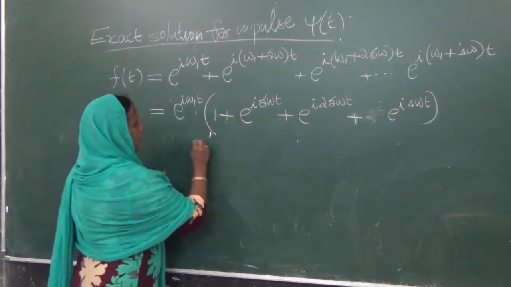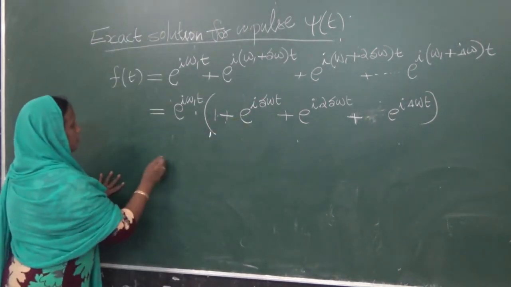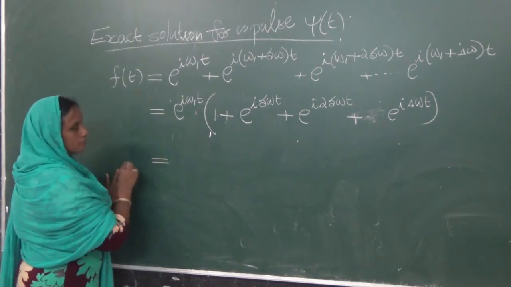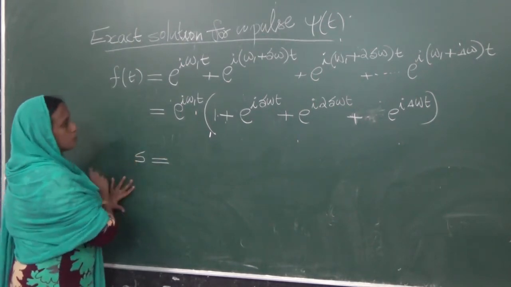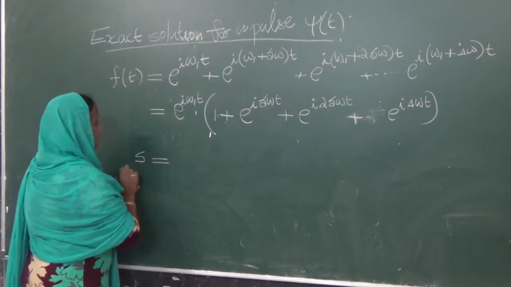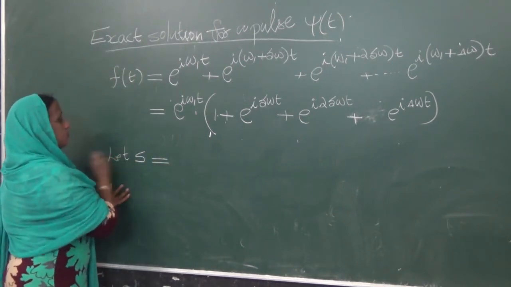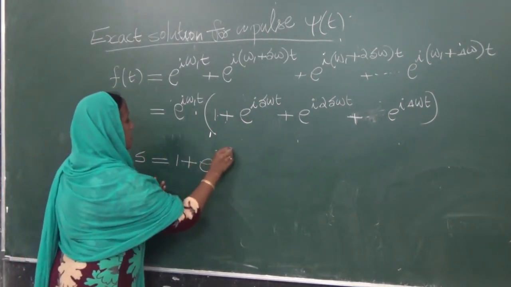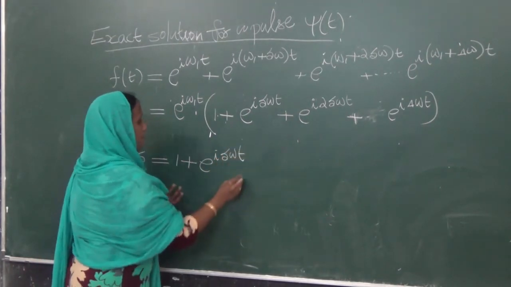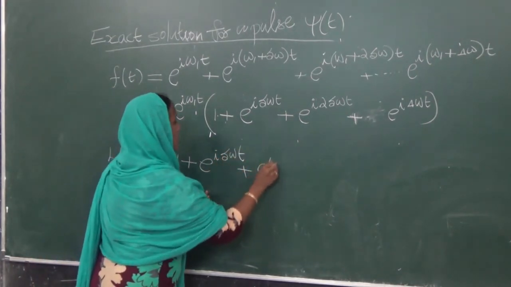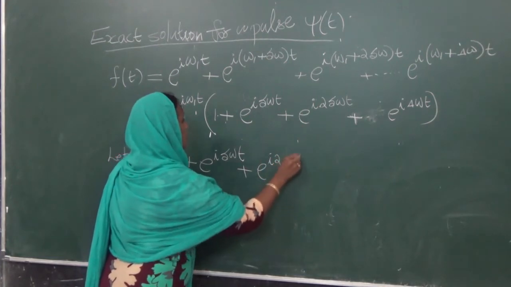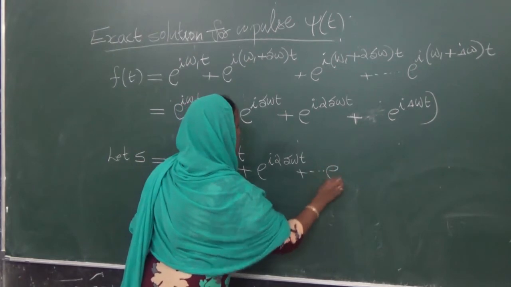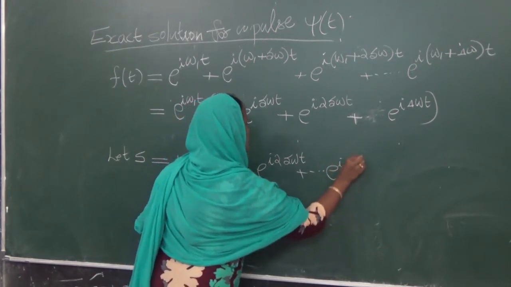Now you can write this expression as a sum. Let S equal 1 plus e raised to i delta omega t plus e raised to i 2 delta omega t plus etc. up to e raised to i n minus 1 delta omega t.